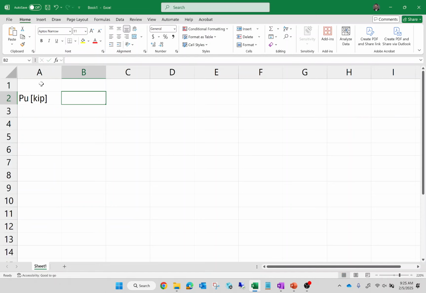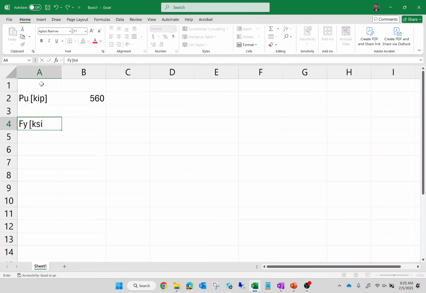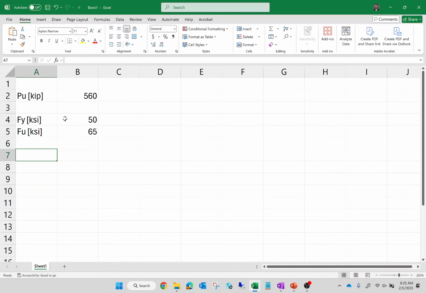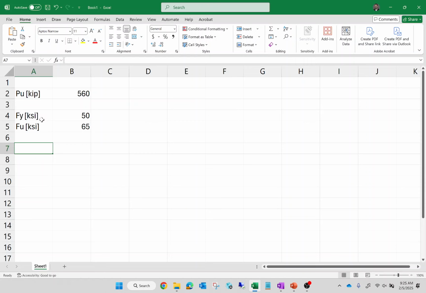So what was PU? PU was 60. There's that and that. Is this visible? Can everybody, is this good enough that everybody can see this? Okay.